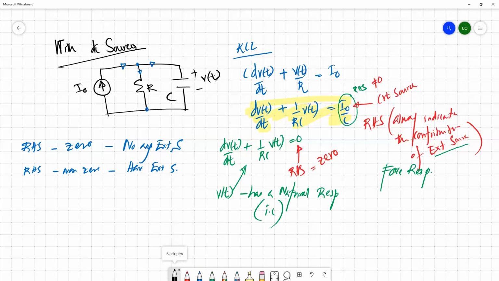So ideally any response x(t) is a combination of these two, x_n(t) plus x_f(t), the natural response plus the forced response.